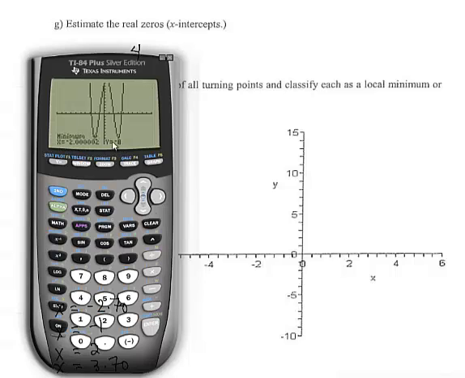We want the x and the y, and I'll simply estimate that. I'll write down the local min. X is -2 and y is -8. The other one I'll write on the bottom right once I find it.